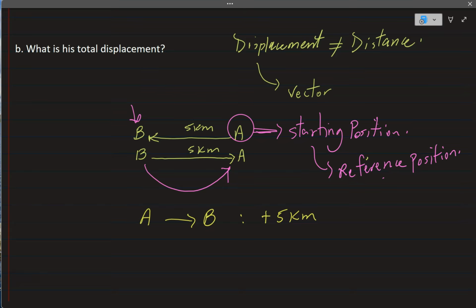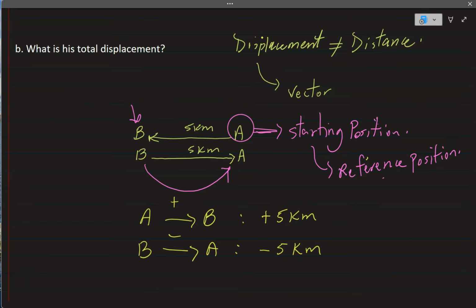We assume that going towards the east is the positive direction. Then from B to A, going back, directionally it is negative 5 kilometers. Originally we assumed that going from A to B is positive, and going back is negative.